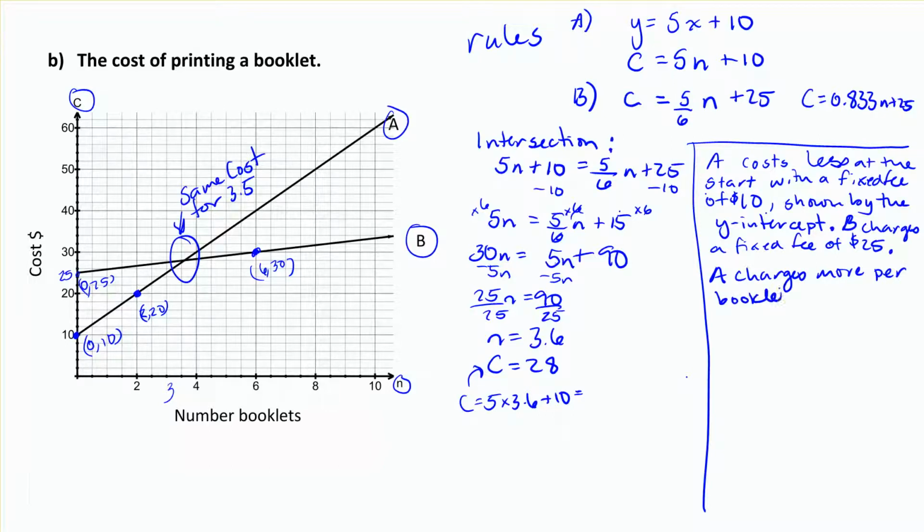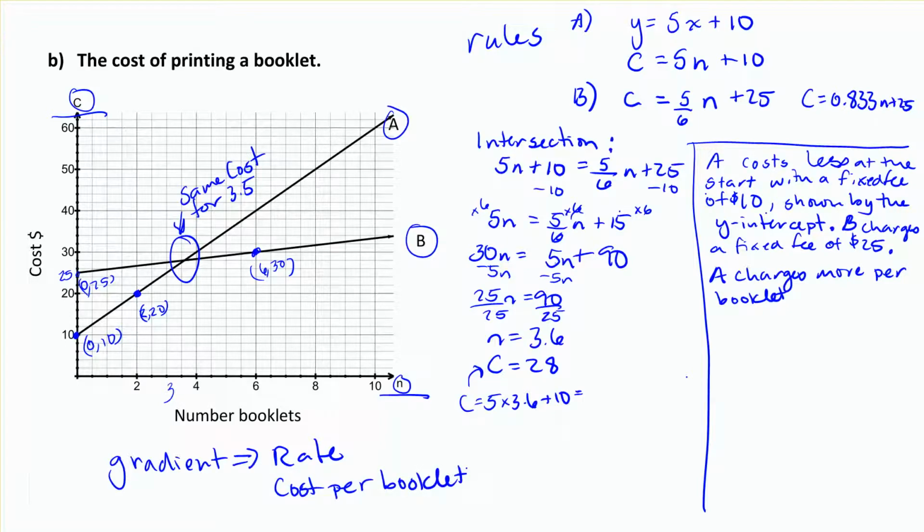And how would I know that? Why am I saying that they charge more per booklet? Well, one thing that I notice is that the line is steeper. It increases more, and my rate, my gradient, is going to relate to the rate, which in this case is the units of y per x. So the rate is cost per booklet.